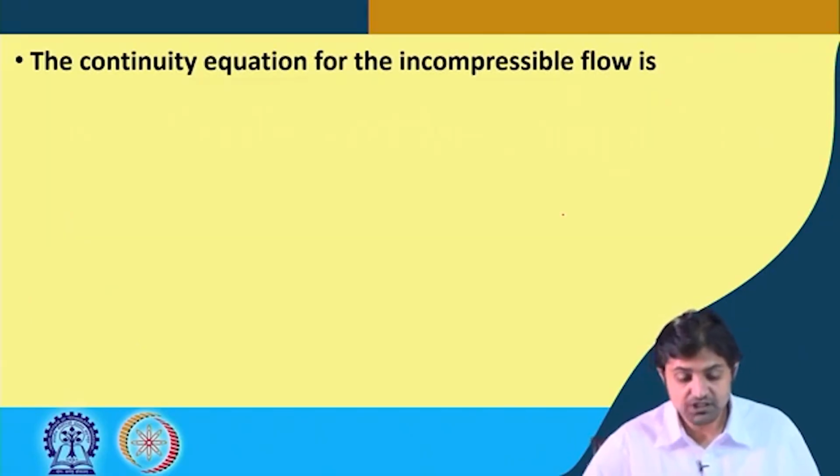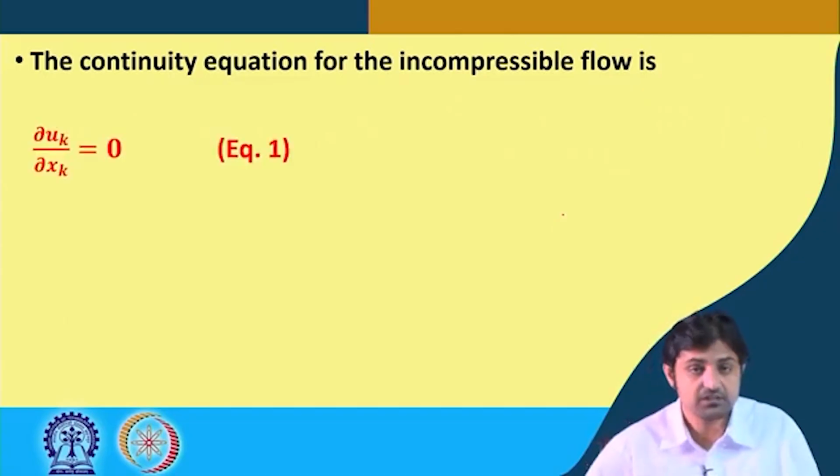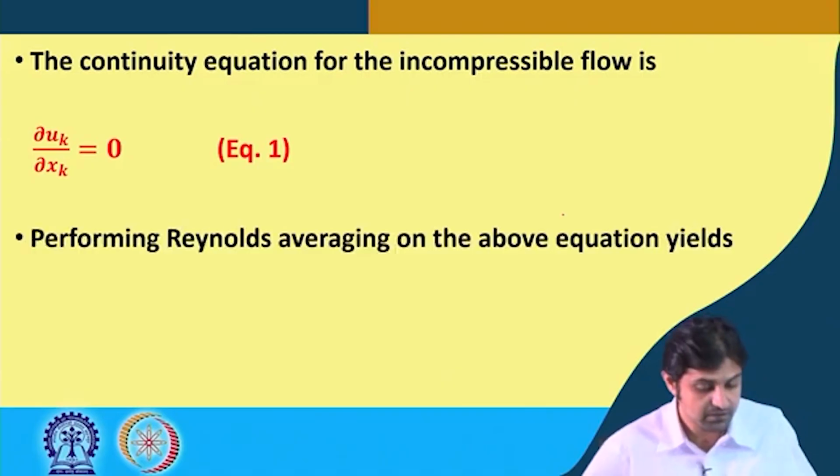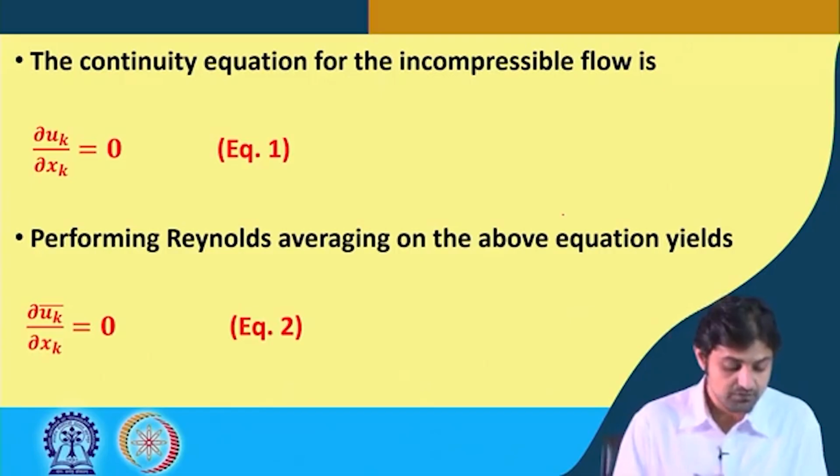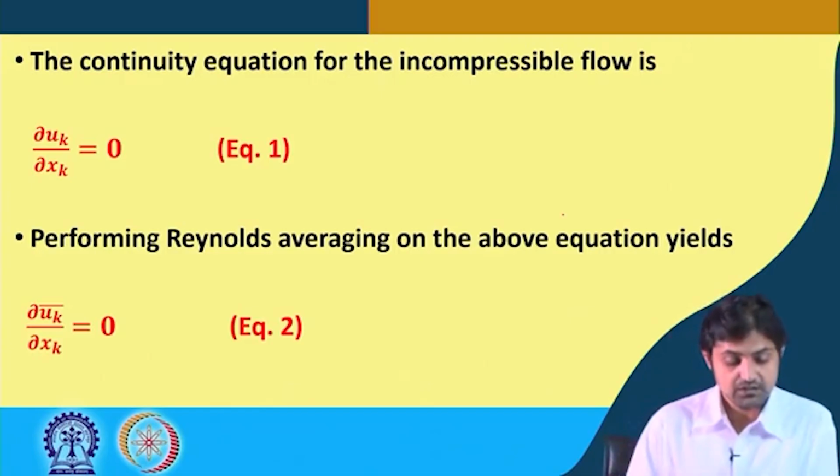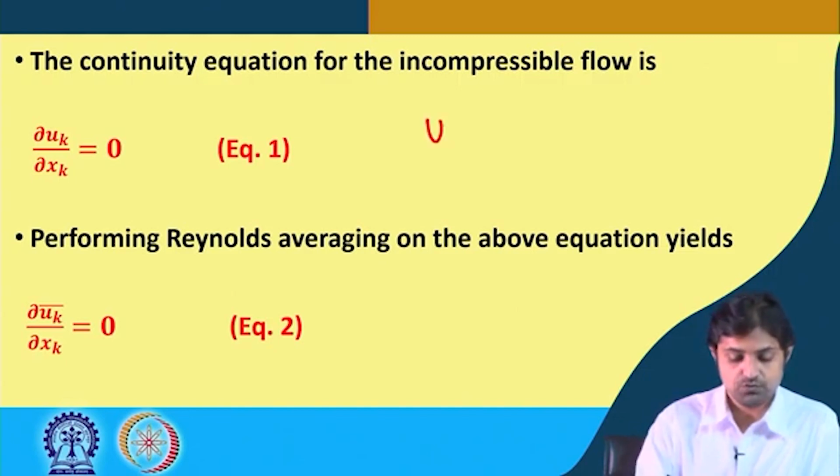So the continuity equation for the incompressible flow is this: del uk by del xk is equal to 0, right? And if we perform the Reynolds averaging on the above equation, it's going to yield one equation, that is del uk bar by del xk is equal to 0, right? You don't have just uk, you can write uk bar plus uk prime.